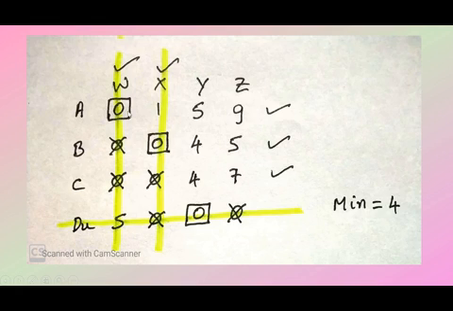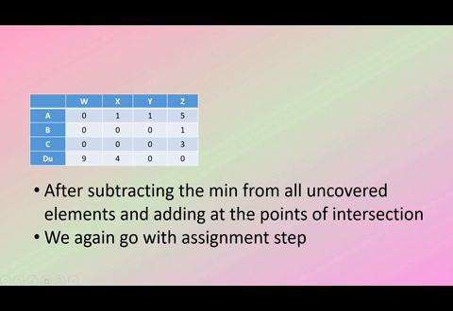So obviously I'll get 0, 1, 1, 5, 0, 0, 0, 1, 0, 0, 0, 3, 9, 4, 0, 0. Right? The resultant matrix is 0, 1, 1, 5, 0, 0, 0, 1, 0, 0, 0, 3, 9, 4, 0, 0. So this is the matrix that I have obtained after subtracting the minimum from all uncovered elements and adding at the points of intersection.